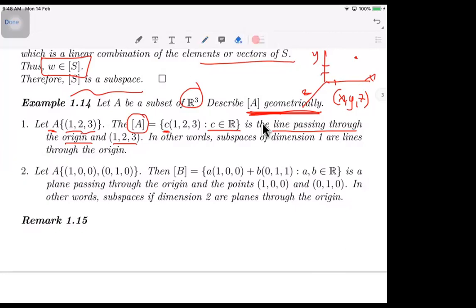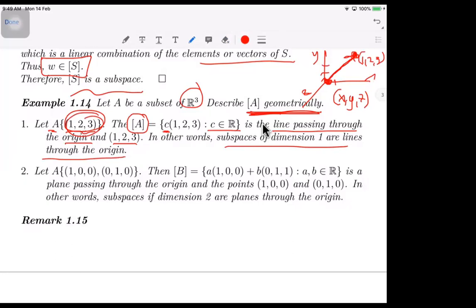So the span of the point 1, 2, 3 is just the line passing through the origin and this point, no? So if this is 1, 2, 3, this is your span of A. In other words, subspaces of dimension 1 are lines through the origin.